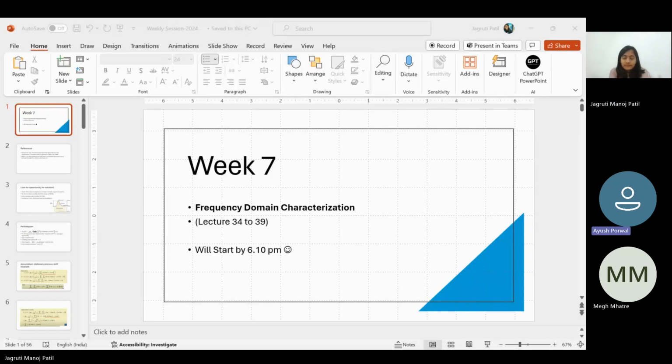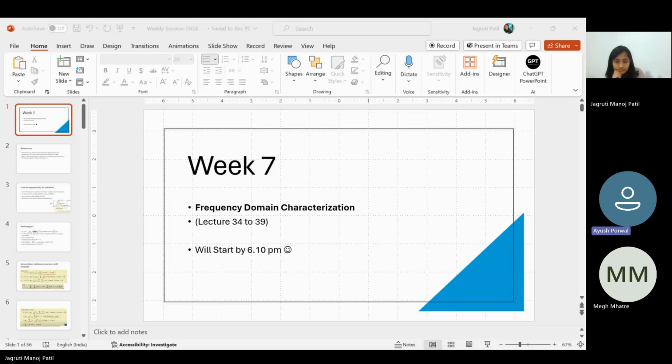Ma'am, in the assignment there was a question: to obtain a smooth spectrogram, the periodogram S of omega is convolved with a filter W of omega in the frequency domain. What condition should be satisfied by W of omega?